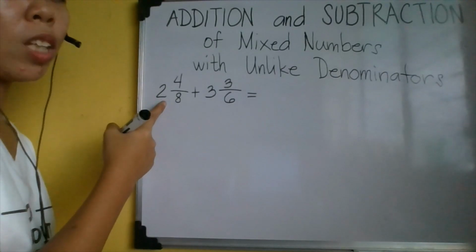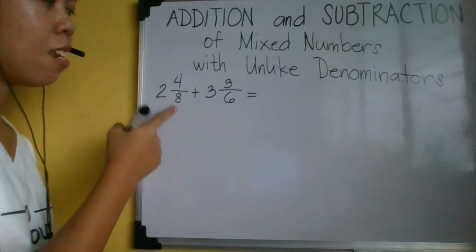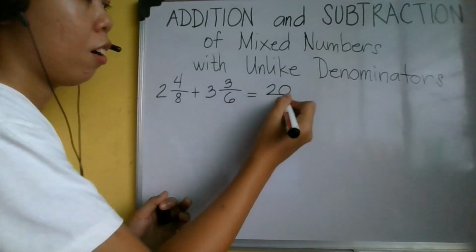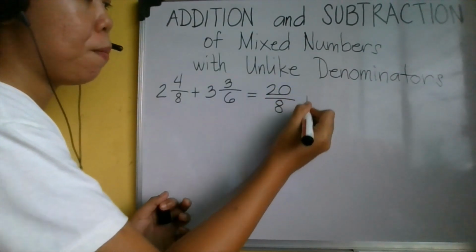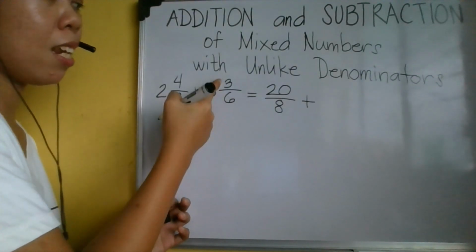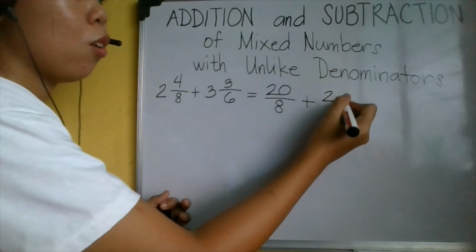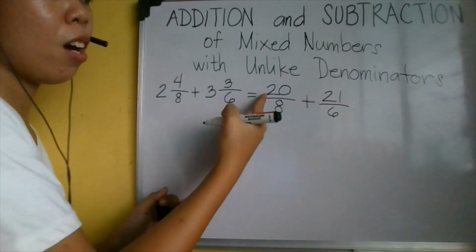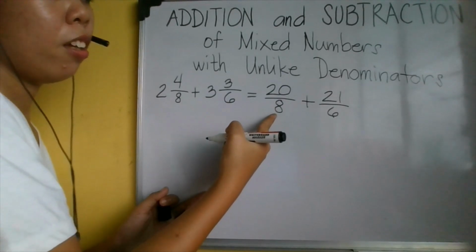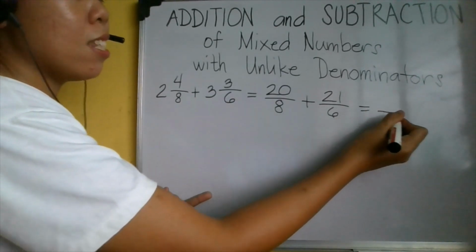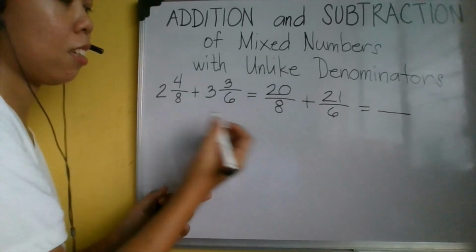So, 2 times 8, 16, plus 4, we have 20 over 8, plus 3 times 6, 18, plus 3, we have 21 over 6. Then, since we are having different denominators, kukunin natin yung kanilang LCD ng 8 at saka ng 6.